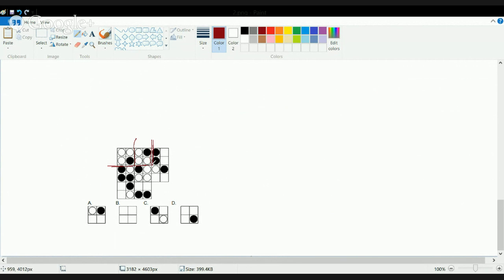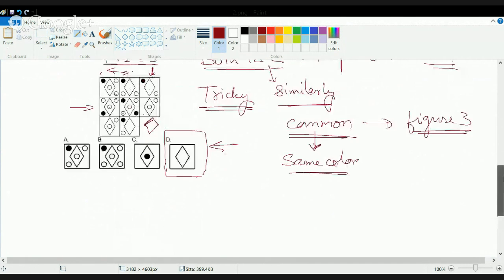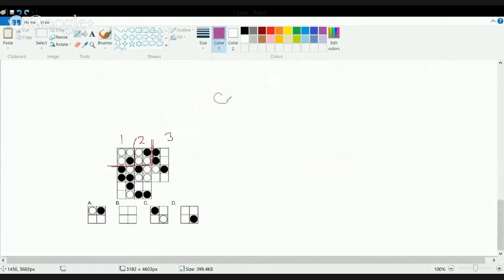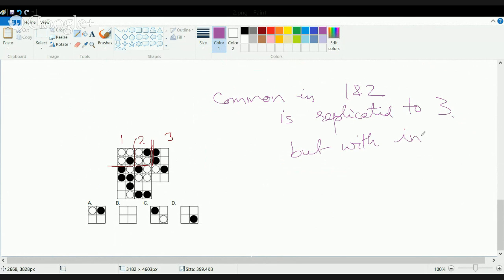Okay, whatever is common between figure 1 and 2 is replicated in 3, but the color is reversed. So it's similar to what we have seen here. Okay, so whatever is common in 1 and 2 is replicated to figure 3, but with inverse color.